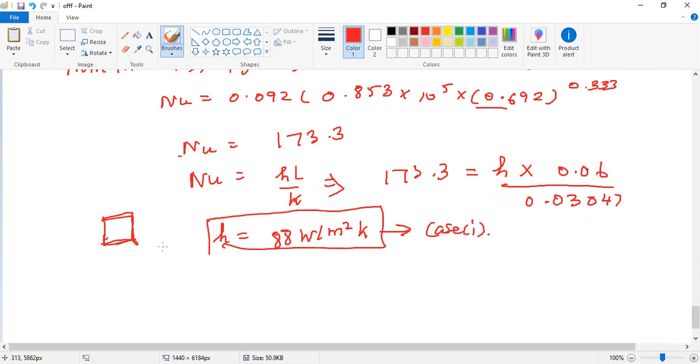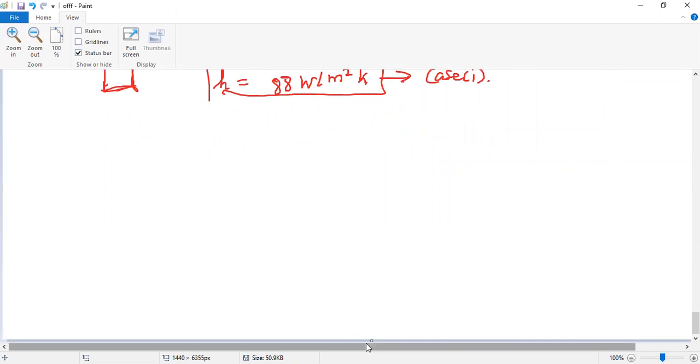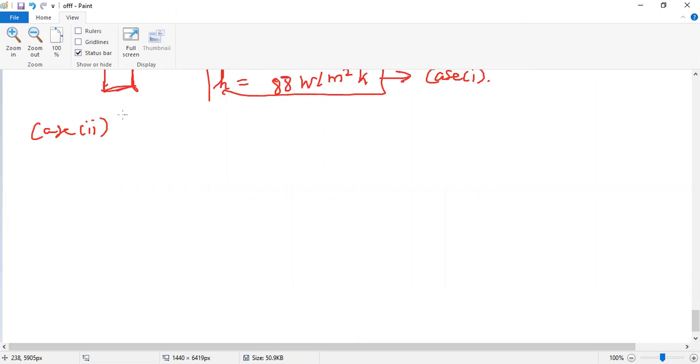Next, case two. In case two, we find the heat transfer coefficient based on a cylinder.